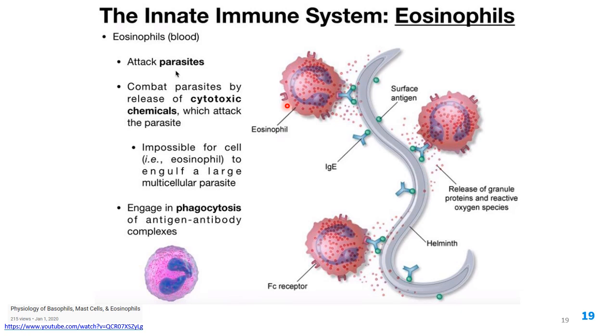Important things to know, even at this stage with eosinophils, is that they have receptors on their surface. Those receptors are going to interact with a specific type of antibodies. The antibodies are produced by B cells, actually by plasma cells, but they're coming from the B cell. So the antibodies are actually part of your adaptive immune system. Remember, the innate and adaptive, they're always talking to each other.